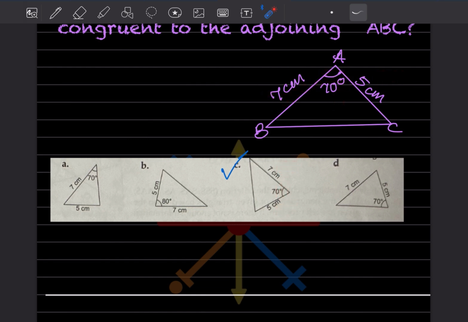In this case here was 70, but opposite to that, if you go opposite to this one, here is 8 and 5, so this cannot be. If you go opposite to this one, this is 80, and this is 70, so definitely this cannot be.